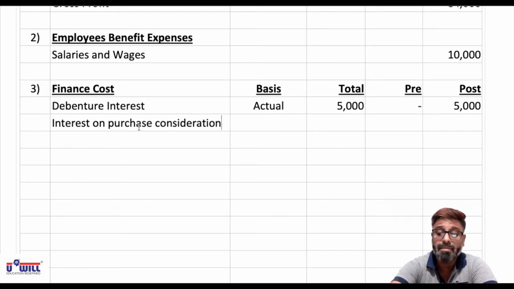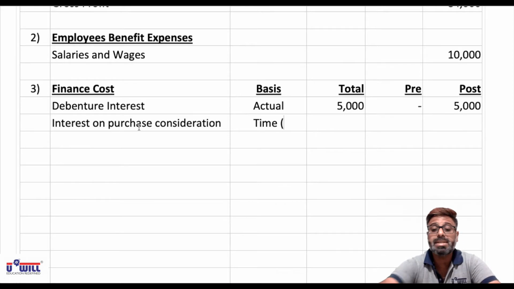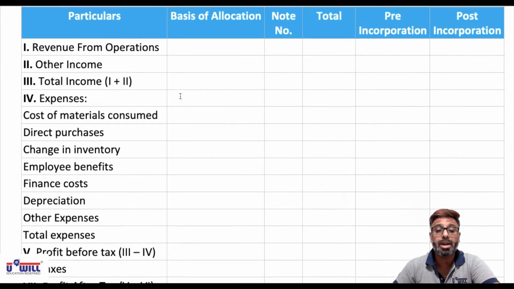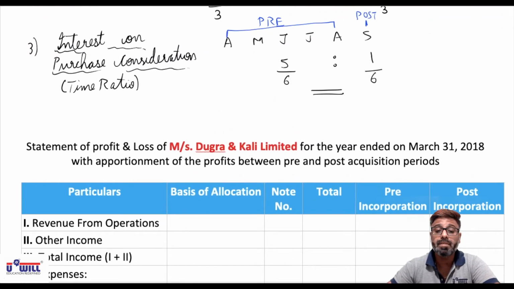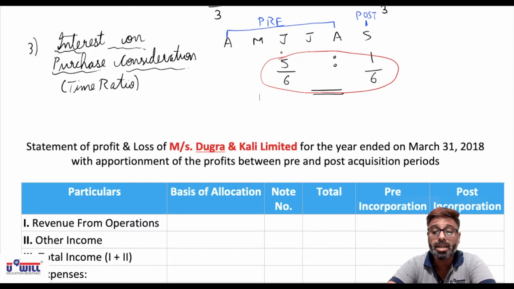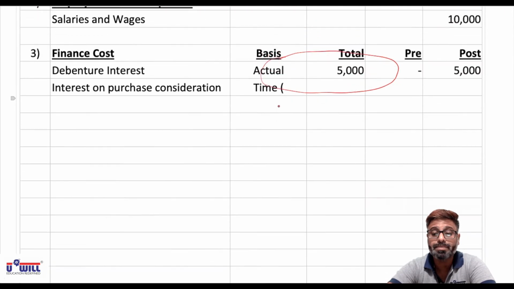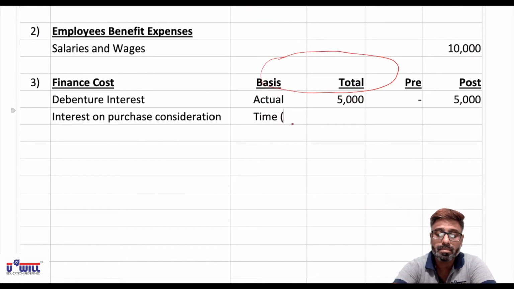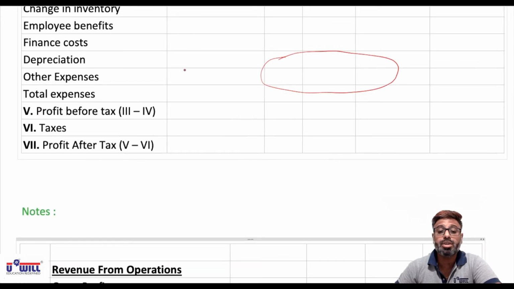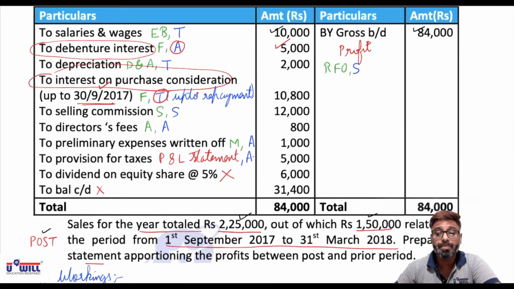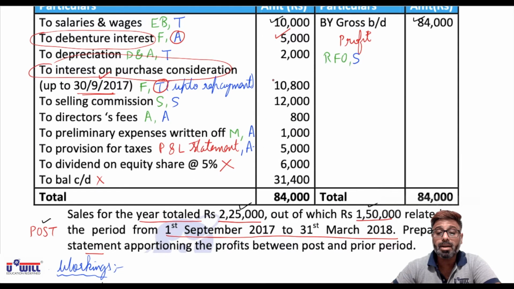Then after debenture interest, we have interest on purchase consideration. That will go on time basis, the time basis which we have done in the third working note, that is 5:1 ratio, 5/6 and 1/6. What is the amount of interest on purchase consideration? 10,800.